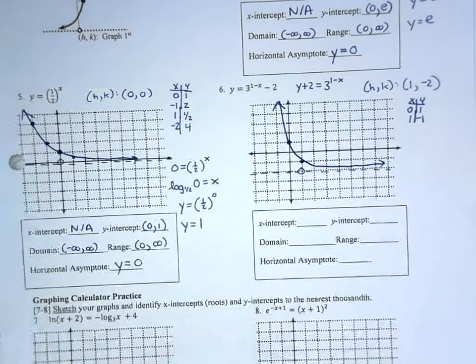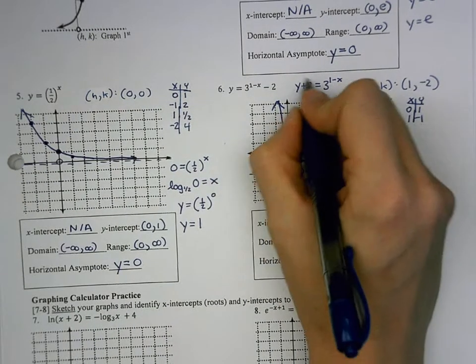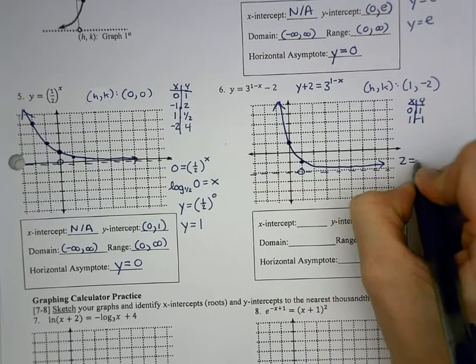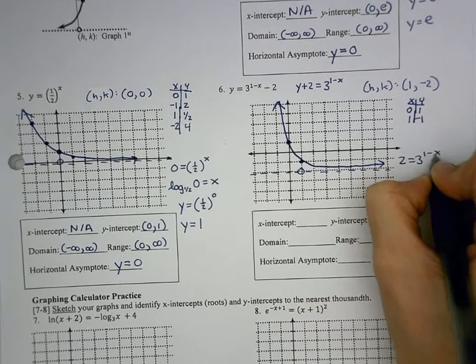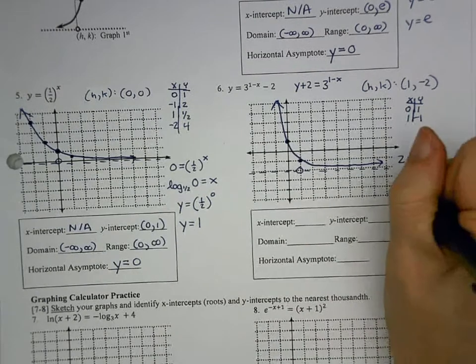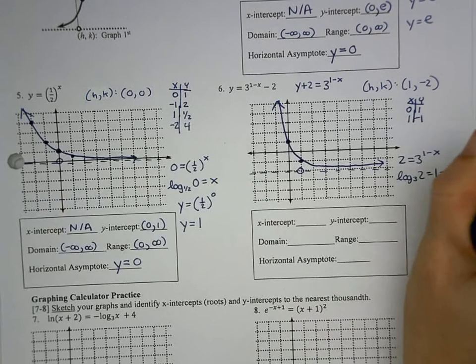Okay, x-intercept is when y equals 0, so plugging 0 into y, we have 0 plus 2, which is 2, equals 3 to the 1 minus x. Inverse operation of base 3 is log base 3. So we have log base 3 of 2 is 1 minus x.